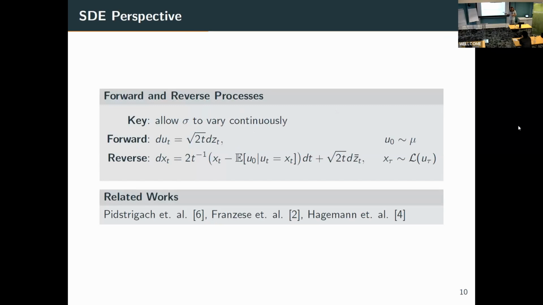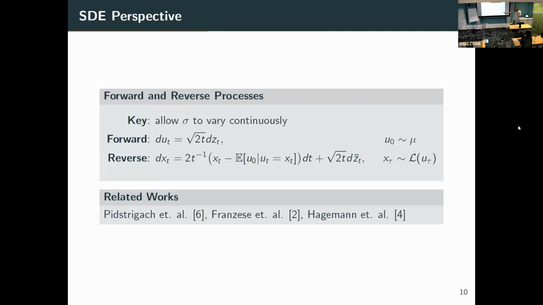I do want to slightly connect this to the SDE perspective because there have been a lot of SDE talks given. And the idea of the SDE perspective is just to let sigma vary continuously. So in what I presented, the Gaussian lies at zero, and our data measure, the thing we want to sample, lies out at infinity.